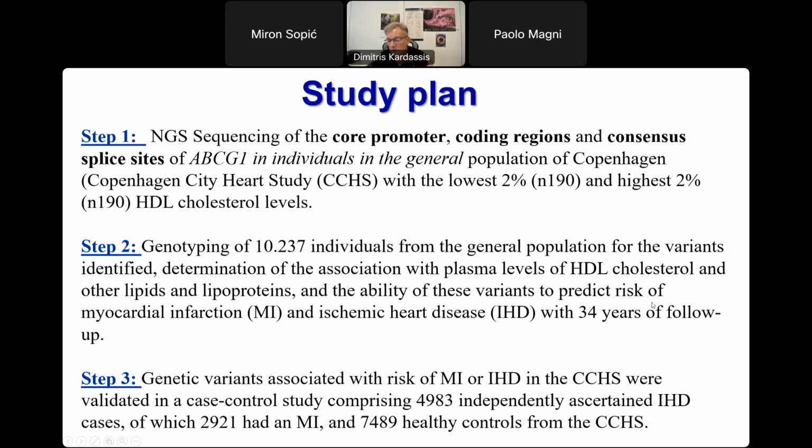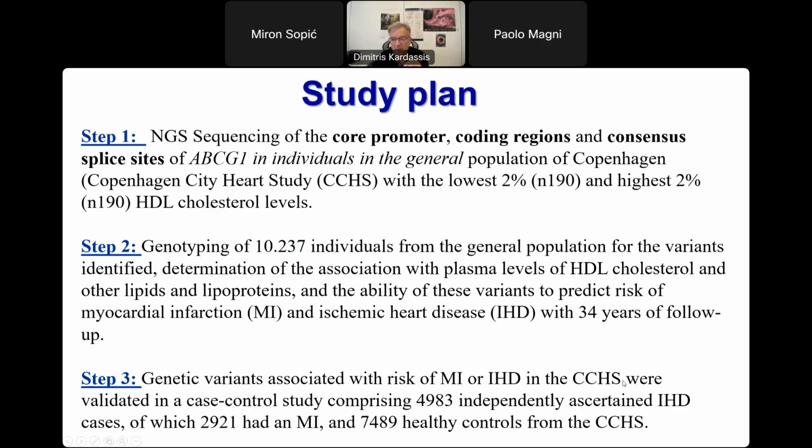So they want to see whether these variants can be used as genetic risk factors, genetic predictors. And step 3 was another validation using another cohort, now consisting of patients who have myocardial infarction, ischemic heart disease in the Copenhagen City Heart Study.